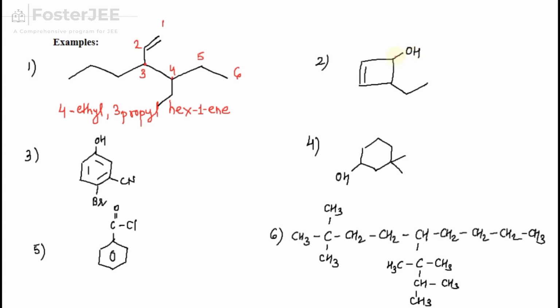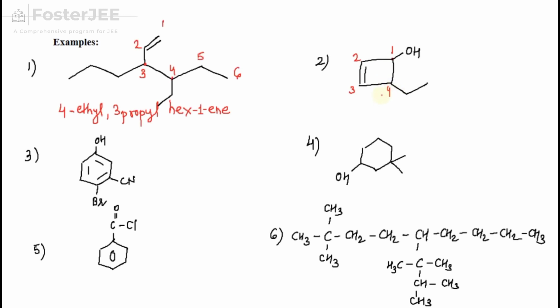So here the functional group is present at this carbon, so the numbering starts from this carbon 1. Now the second priority is for the double bond rather than the substituent group. So this carbon is not numbered as second carbon. This carbon is numbered as second carbon. So 1, 2, 3, 4.